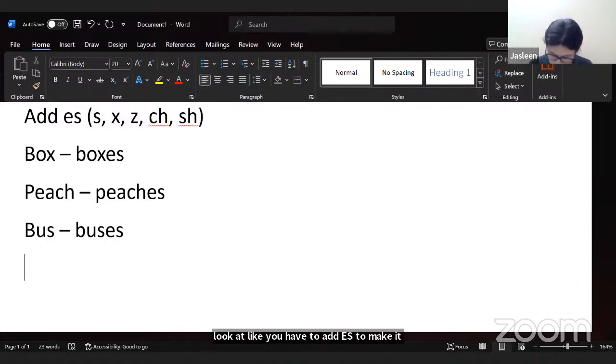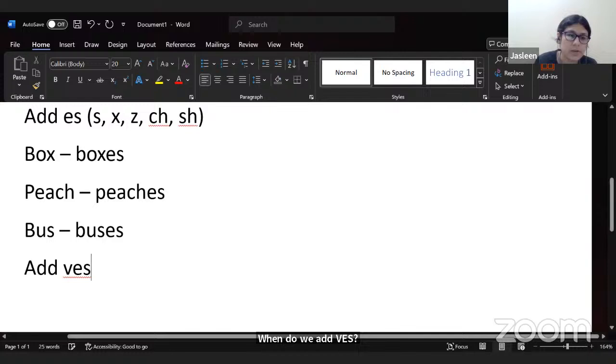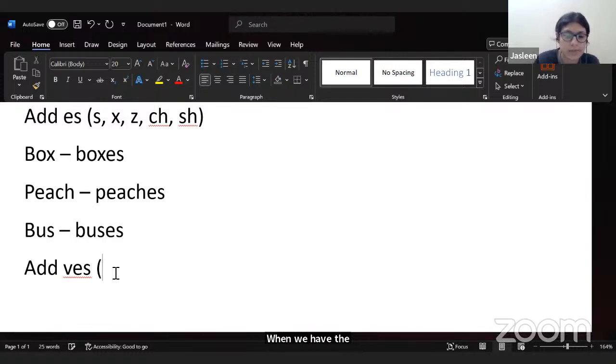Next, we have adding VES. When do we add VES? When the word ends with FE or F. So think of some words.